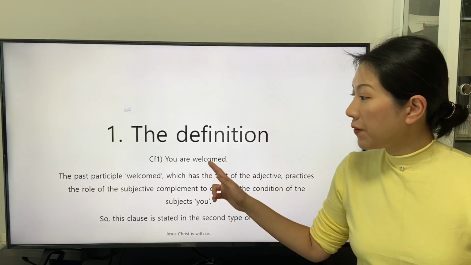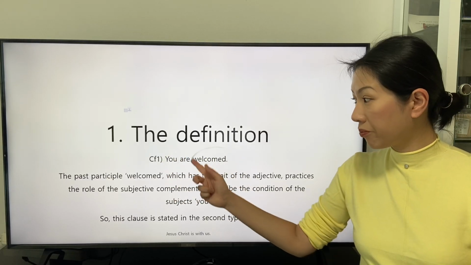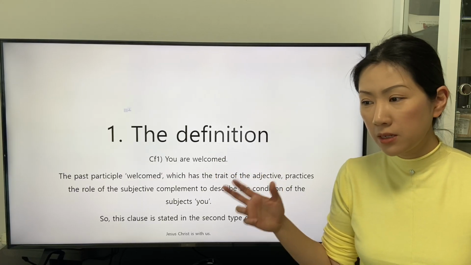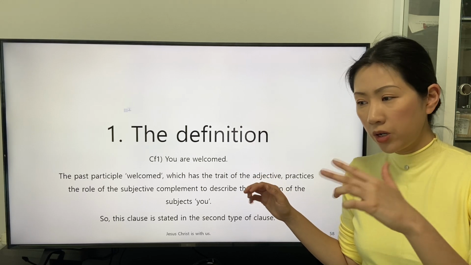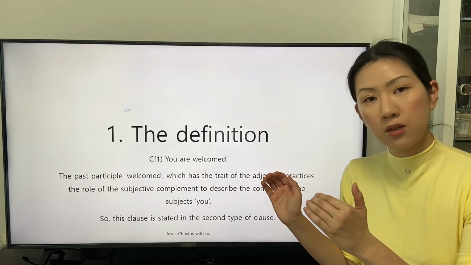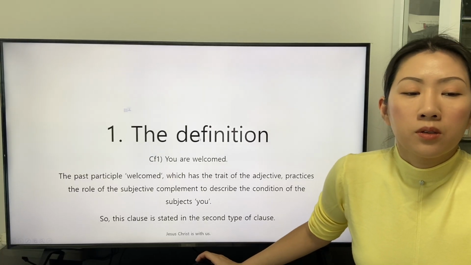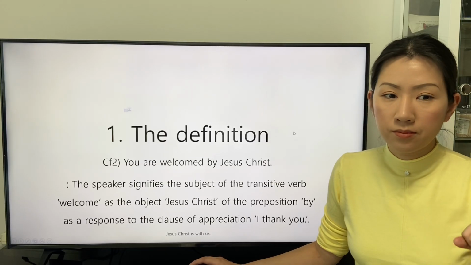Because the fact that the listeners are described by a past participle means that the listeners are the object. So this clause is stated in the second type of clause.